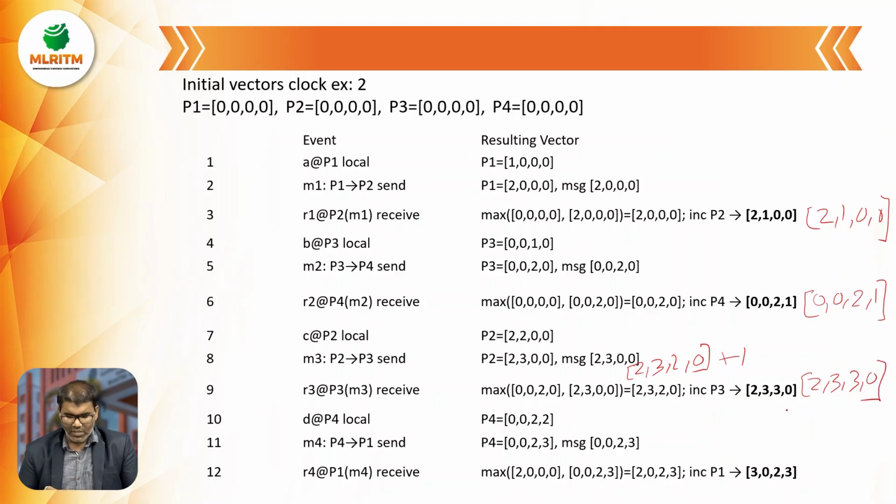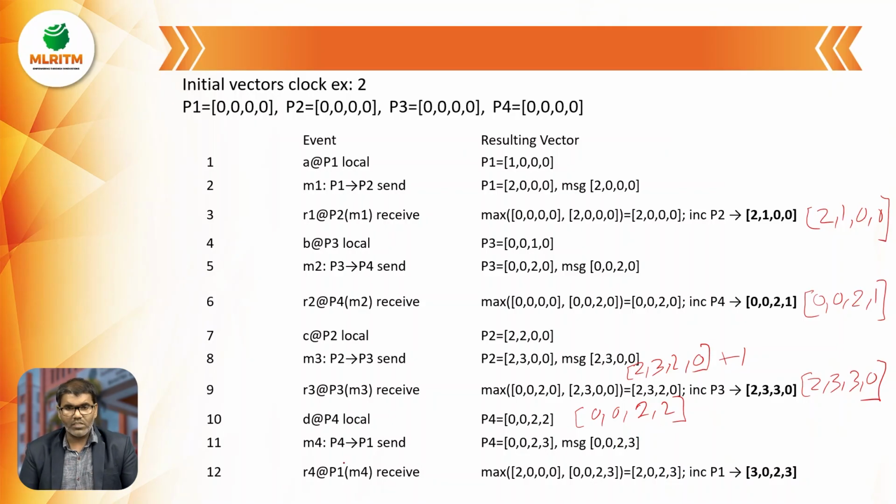And next, 10th point, d at the rate P4 local, means here we are taking the process P4 as 0 comma 0 comma 2 comma 2. Next, sending the message from P4 to P1 in the form of M4, means P4 is 0 comma 0 comma 2 comma 3, and receiving the message in the form of 0 comma 0 comma 2 comma 3.